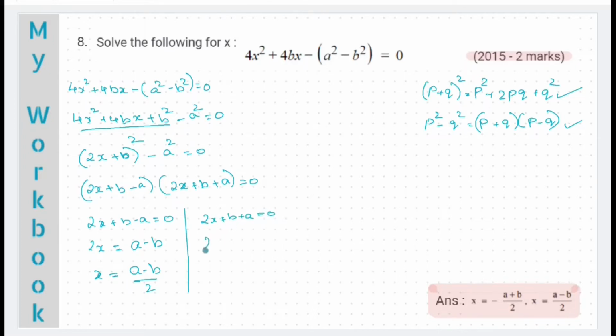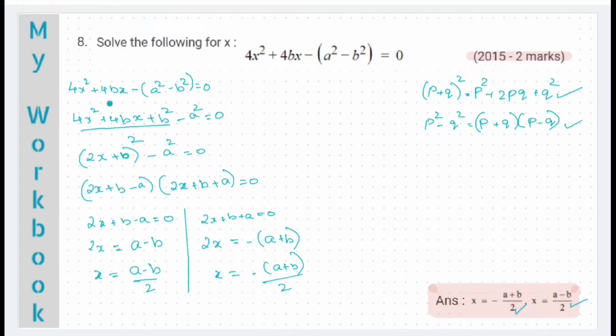This will give us 2x is equal to minus of (a + b). X will be minus of (a + b)/2. So the answer is x is (a - b)/2. That is one root, and the other root is x is equal to minus of (a + b)/2. So we have solved for x.